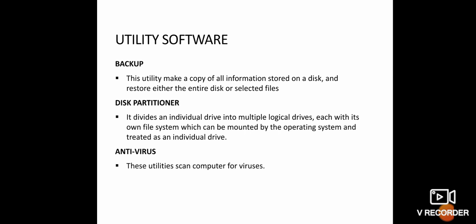It divides an individual disk into multiple logical drives, each with its own file system. It can be mounted by the operating system and treated as individual drives. It is used in a multitasking manner. Then we have antivirus. This is used to scan the computer for viruses.